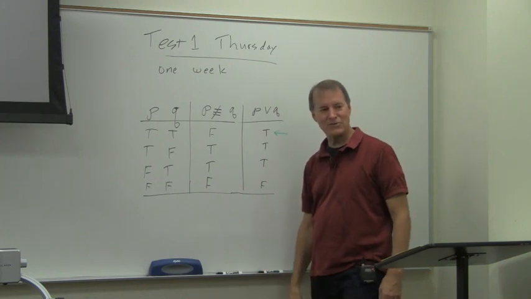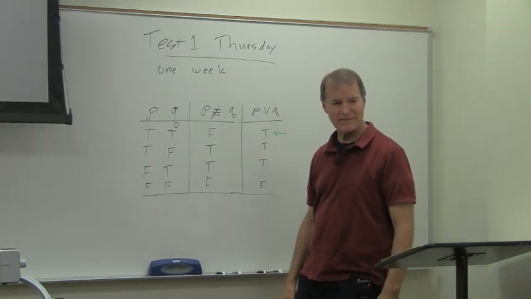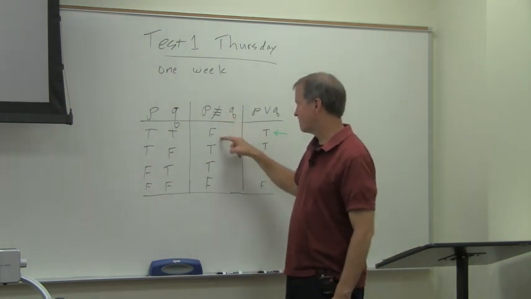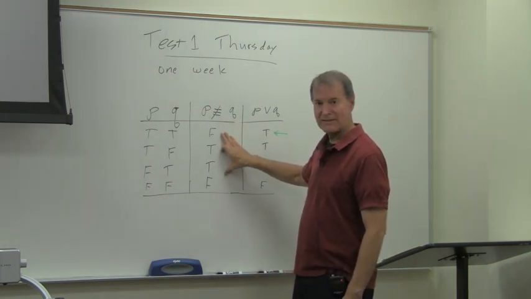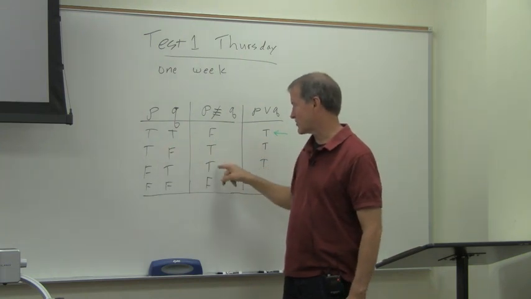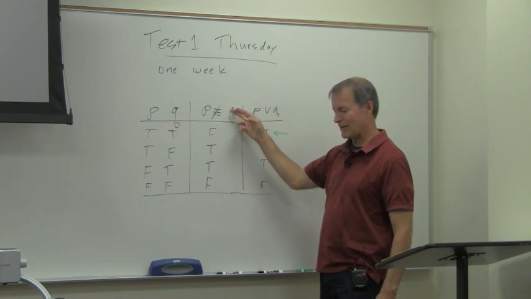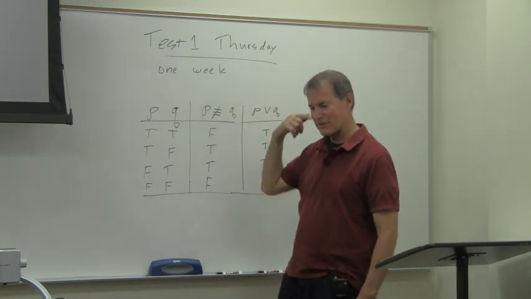Not equivales is also called exclusive OR in computer circuitry. This is not equivales, right? Yes, because if they're not equal, it's true. So I was mistaken. I had forgotten. I was thinking about circuits.